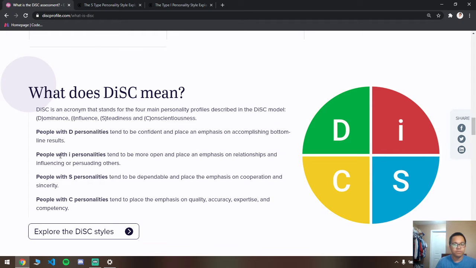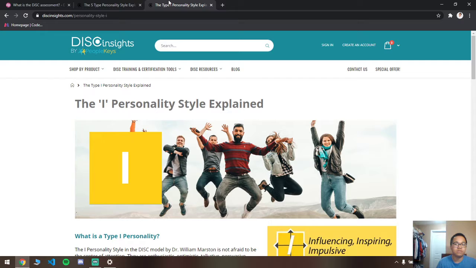People with an I personality tend to be more open and place an emphasis on relationships and influencing or persuading others. People with an S personality tend to be dependable and place the emphasis on cooperation and sincerity. People with a C personality tend to place the emphasis on quality, accuracy, expertise, and competence.